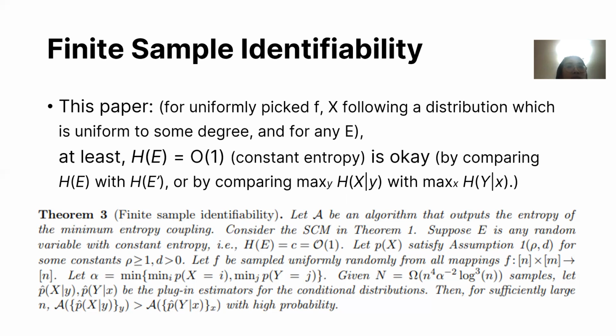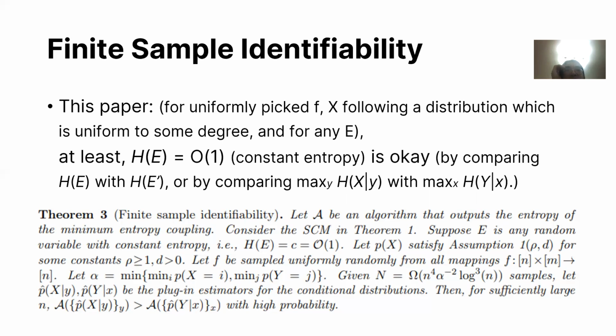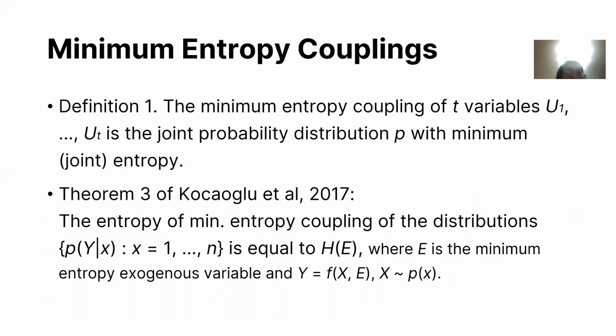So, to see the proof of this, first we're going to consider the minimum entropy couplings. The minimum entropy coupling of t variables, u sub 1 to u sub t, is the joint probability distribution P with minimum joint entropy. And why is this important?